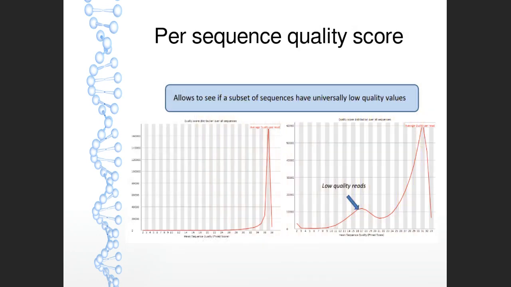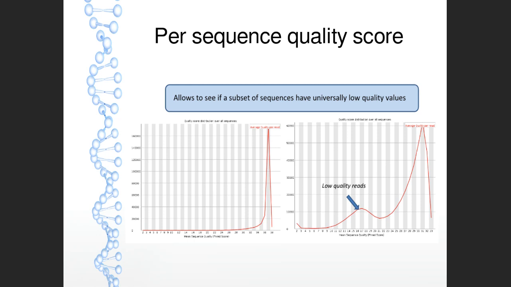The next metric that we'll get back from FastQC is something called the per sequence quality score. And this is basically almost that same information, telling us how many sequences fall within a particular average or mean quality score.